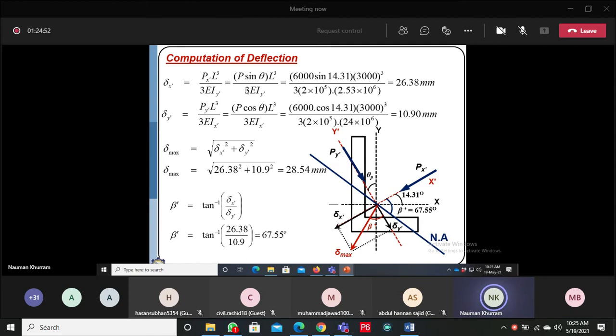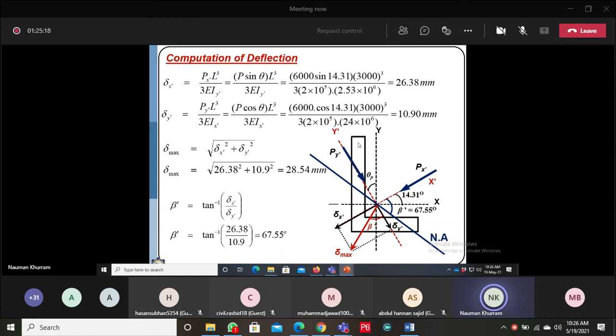So Px bar is equal to P sine theta. In this equation, substitute all values in Newton and millimeter. So P is 6000 Newton, sine theta P is 14.31, and the length of the cantilever beam is 3 meter, so in millimeter that will be 3000 millimeter, to the power 3.